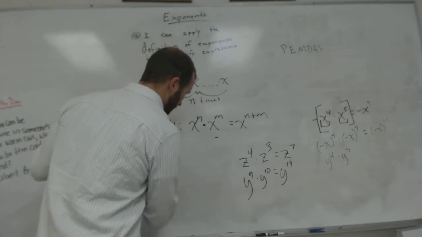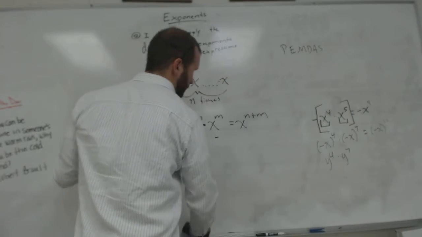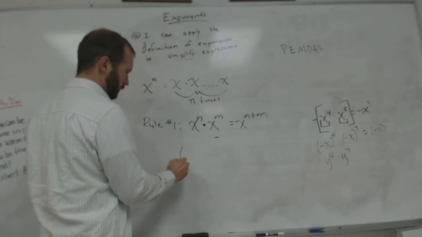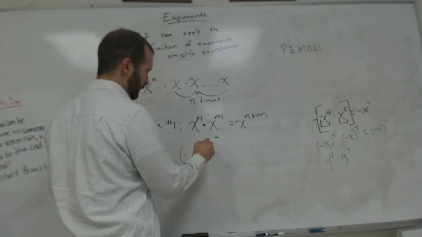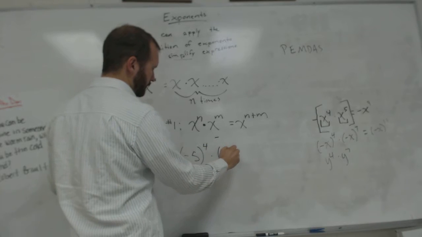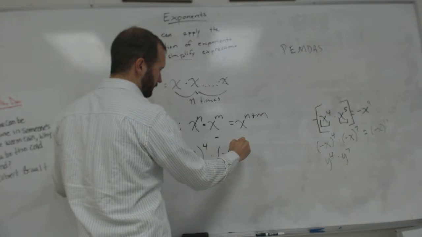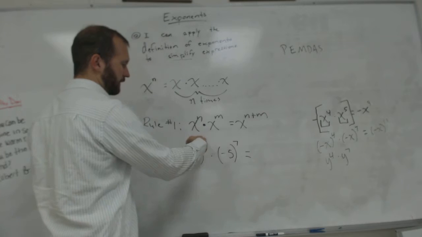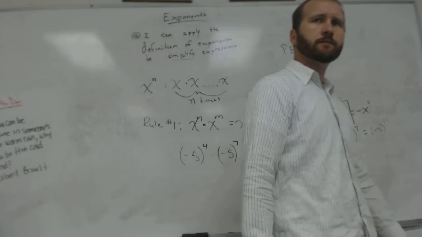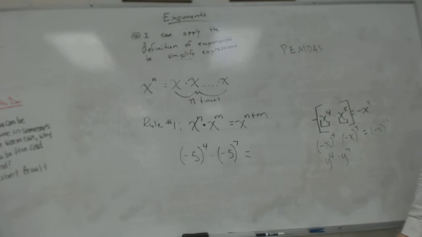Alright, let's take a look at some more examples. What if I have negative 5 to the fourth times negative 5 to the 7th? How would you simplify that? What's my base?